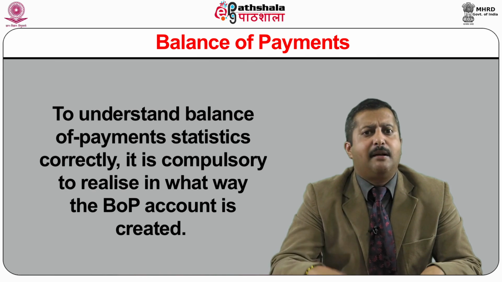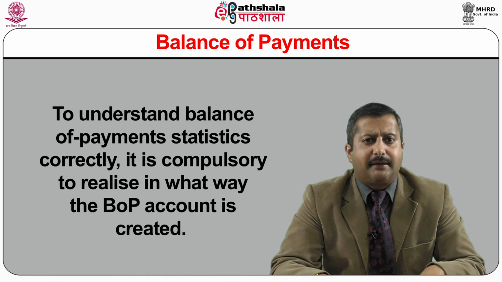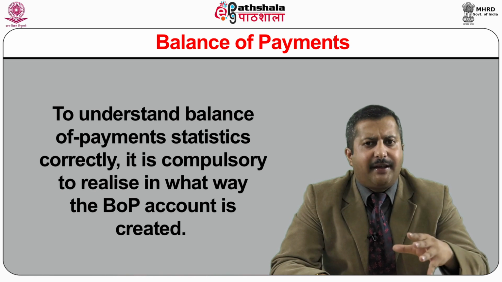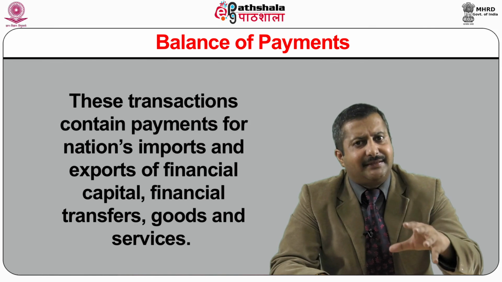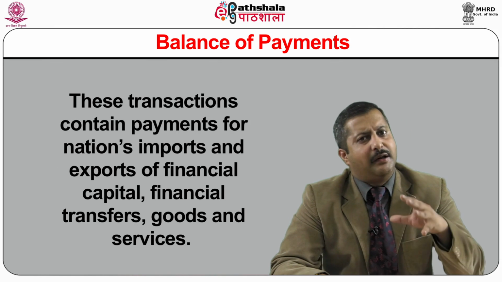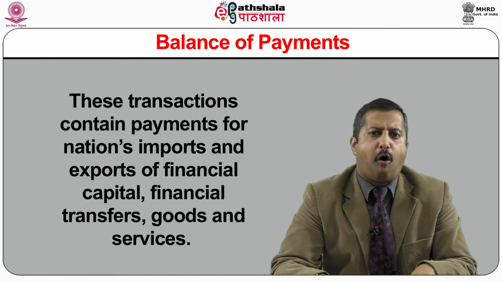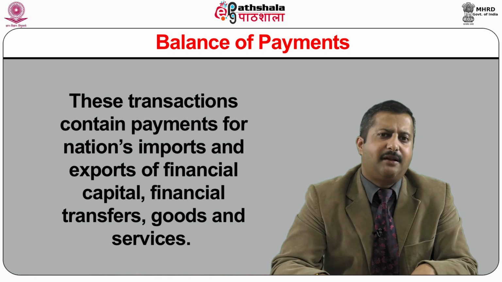To understand balance of payment statistics correctly, it is necessary to realize in what way the BOP account is created. These transactions contain payments for nations, imports and exports of financial capital, financial transfers, goods and services.